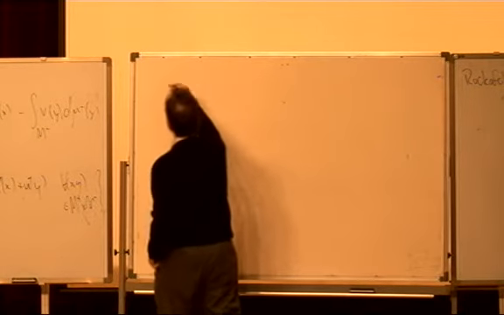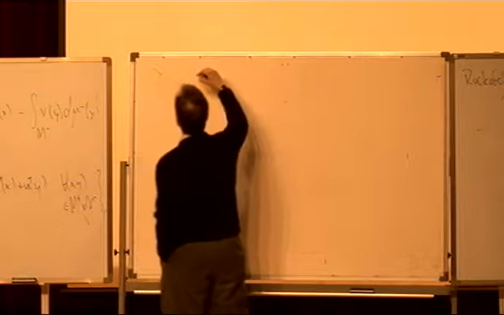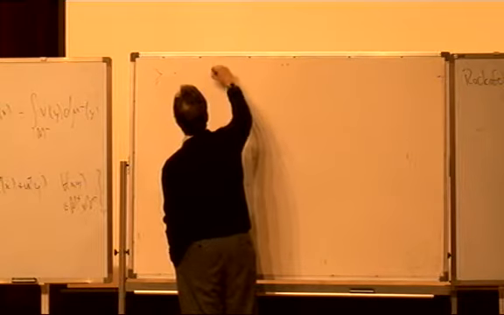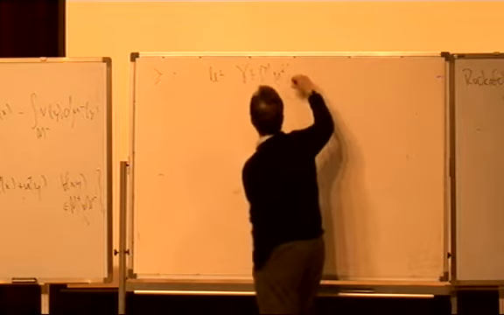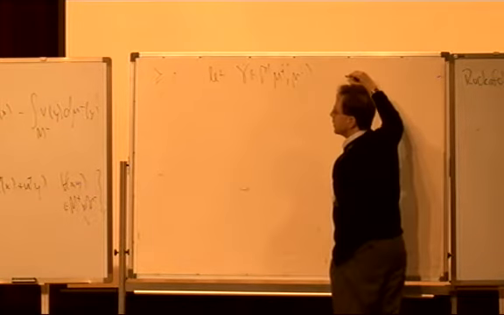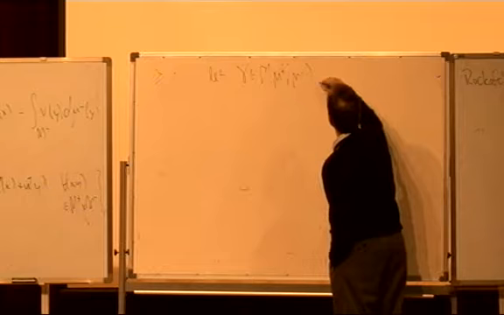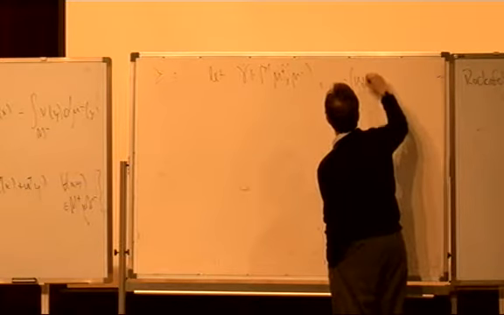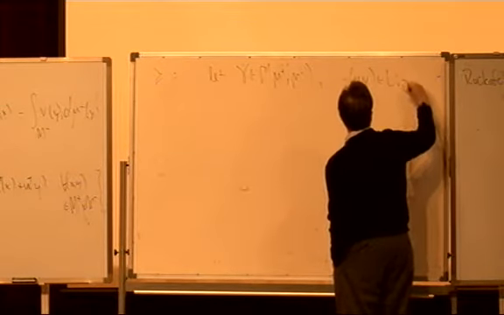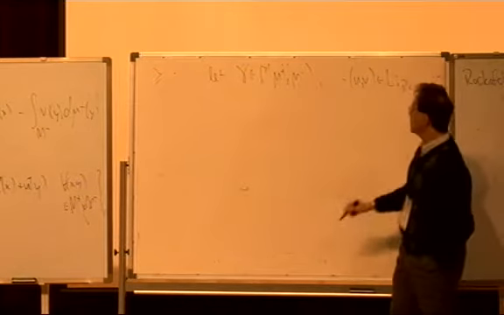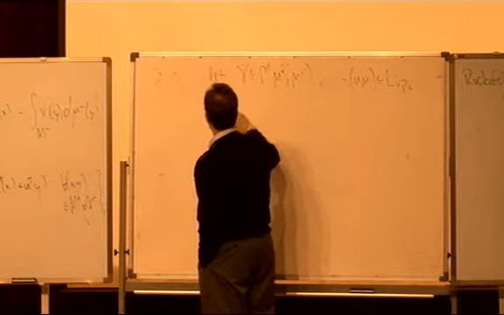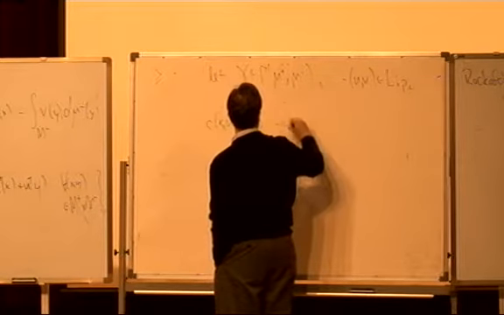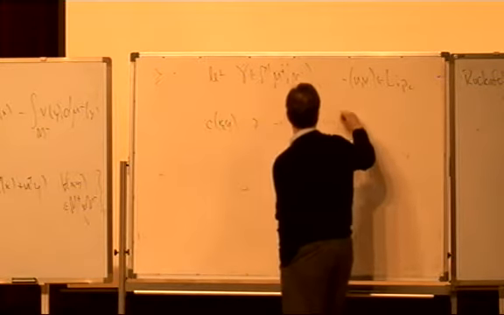So how does the easy direction go? Well, suppose, so let gamma have the right marginals, and a pair minus u, v be in Lip C. So for minus u and v to be in Lip C, it means exactly that c of x y is bigger than minus u of x minus v of y.